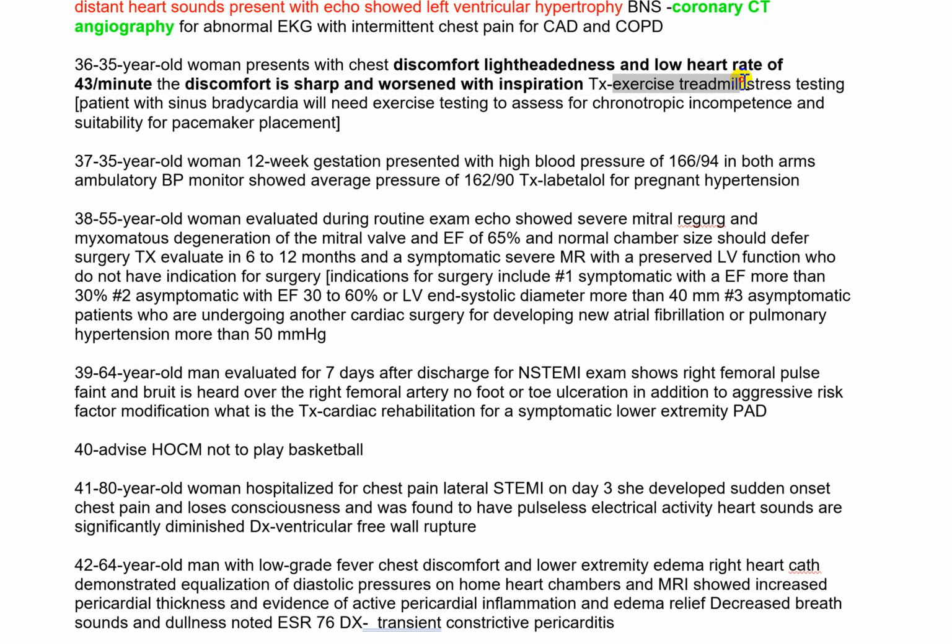So what would be your best next step for this kind of patients? Low heart rate. Okay. So the heart rate is all that worsening. Oh. Okay. So you do exercise treadmill stress testing. Is that patient with sinus bradycardia? Do you do exercise testing to assess for chronotropic incompetence and suitability for pacemaker?